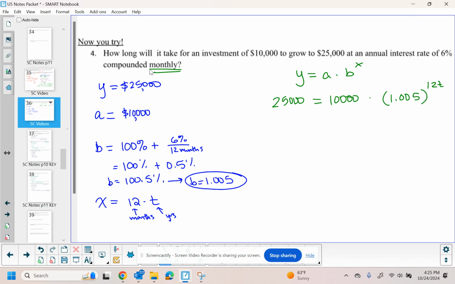So I'm going to divide by 10,000. And I get 2.5 equals 1.005 to the 12t. Now that I have the power alone, I'm going to convert it to log form.